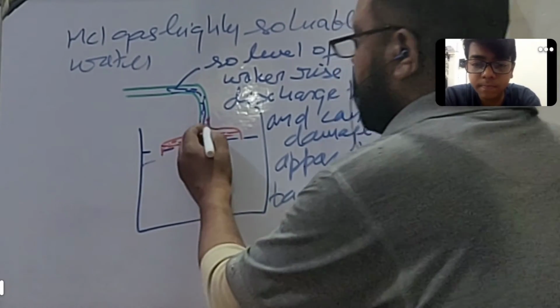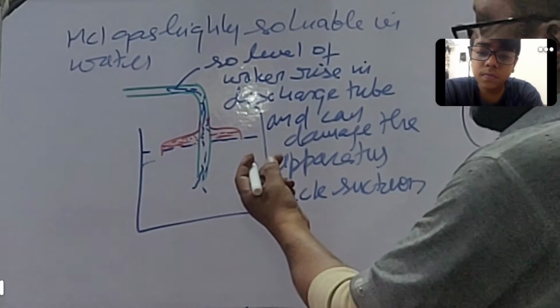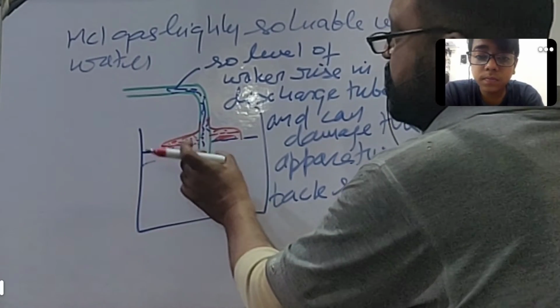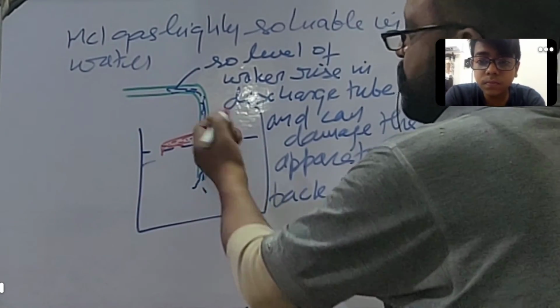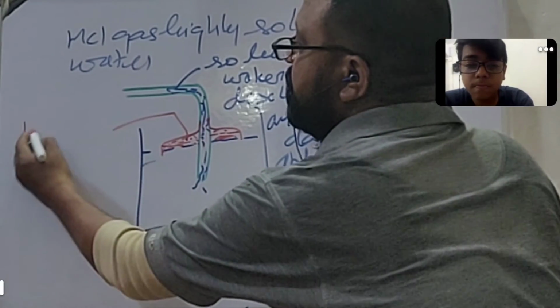If we attach a funnel at the end of the discharge tube, the surface area is increased, so water just rises in the funnel and does not damage the apparatus.